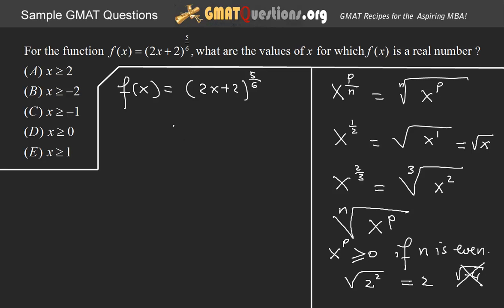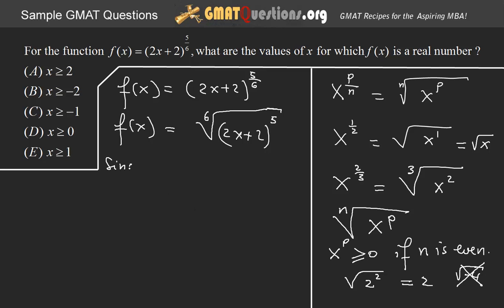So f of x has to be equal to the 6th root, 6 here because it's at the bottom, of 2x plus 2 to the power 5. Once again, because of what we established here on the right side.